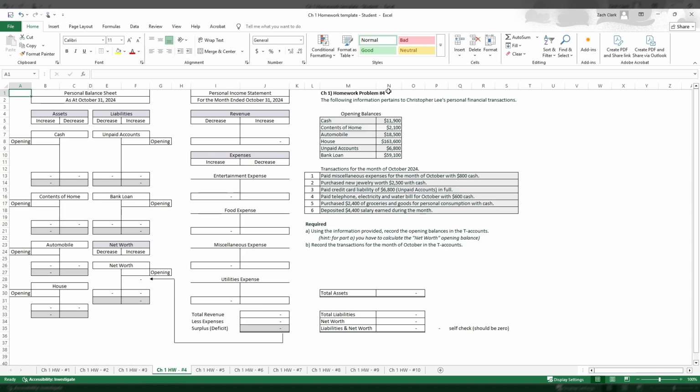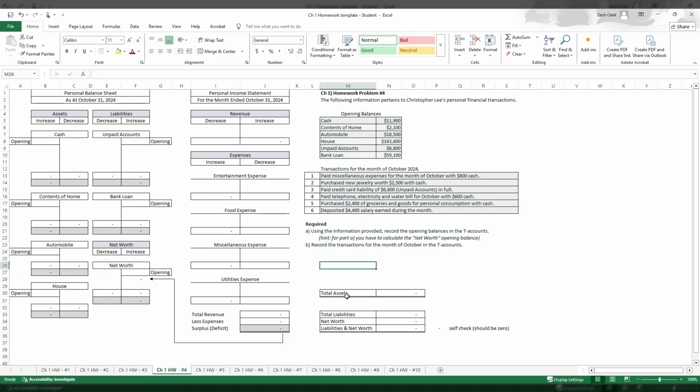So we have everything from a financial perspective in T account form on our spreadsheet. We have opening balances and then a number of different transactions. We're going to do all of that activity tracking in our T account spreadsheet and see what kind of surplus or deficit we get.